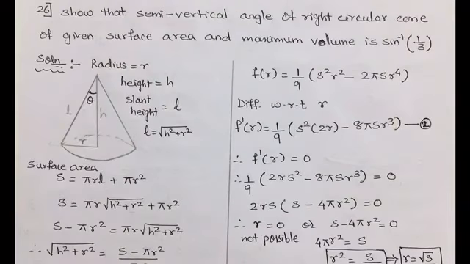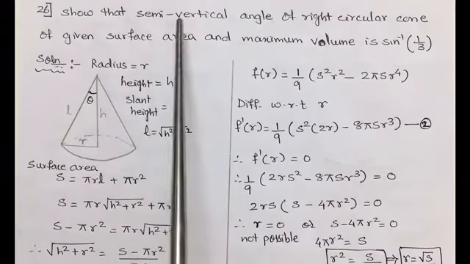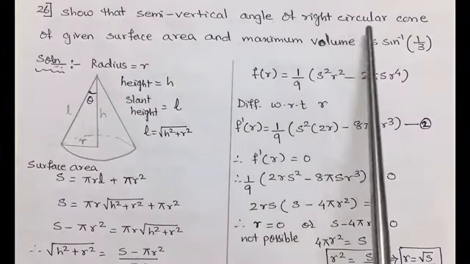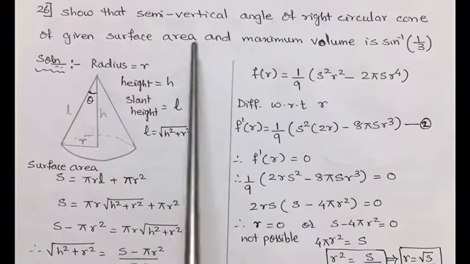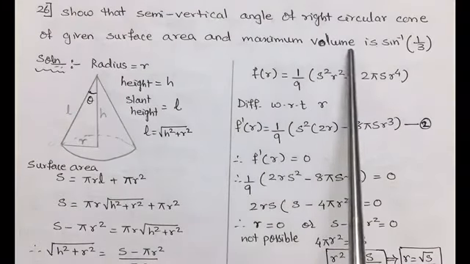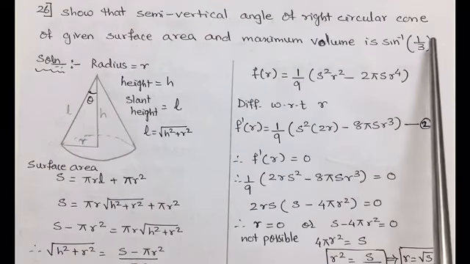26th example. It is somewhat similar to what we have done in 25th. The question is, show that semi-vertical angle of right circular cone of given surface area and maximum volume is sin inverse 1 by 3.